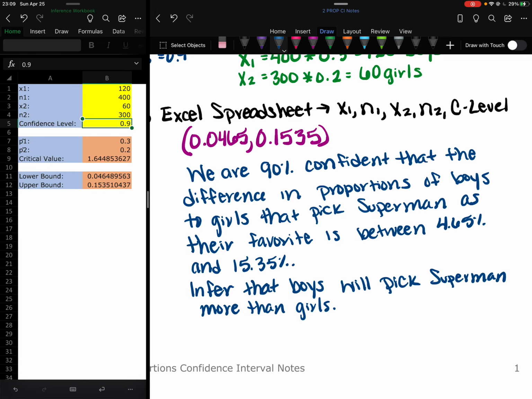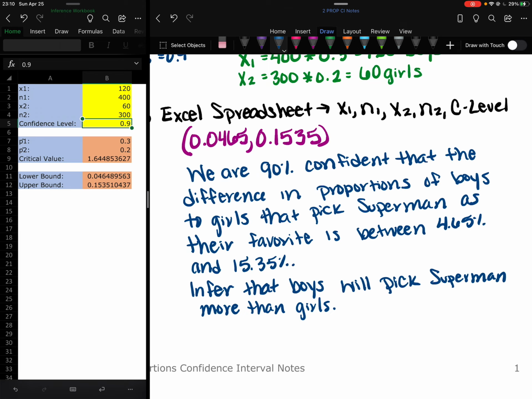If both of these numbers were negative, then that would indicate that girls prefer Superman more, because you get a negative number if the first number is smaller than the second number.